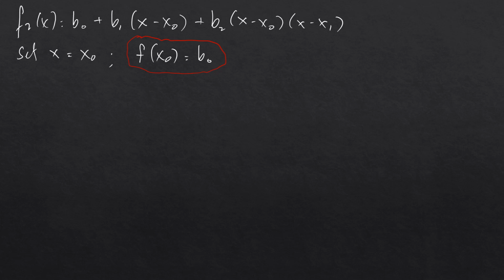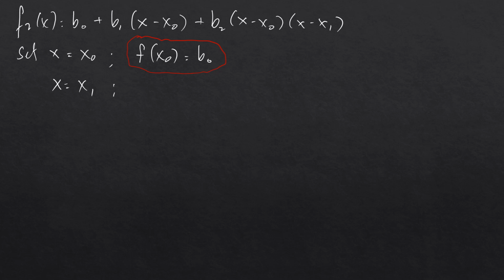Next, let us set x equal to x1. By doing so, the third term will vanish as x minus x1 will become 0.